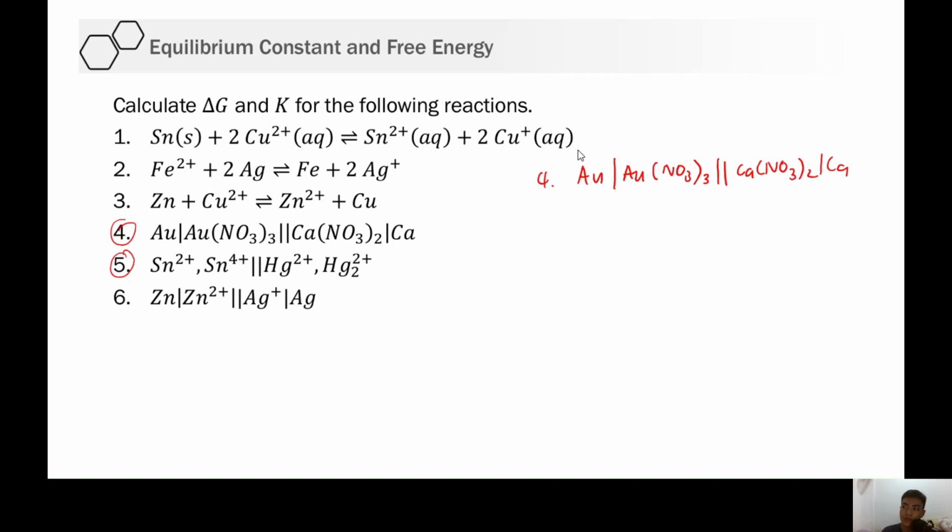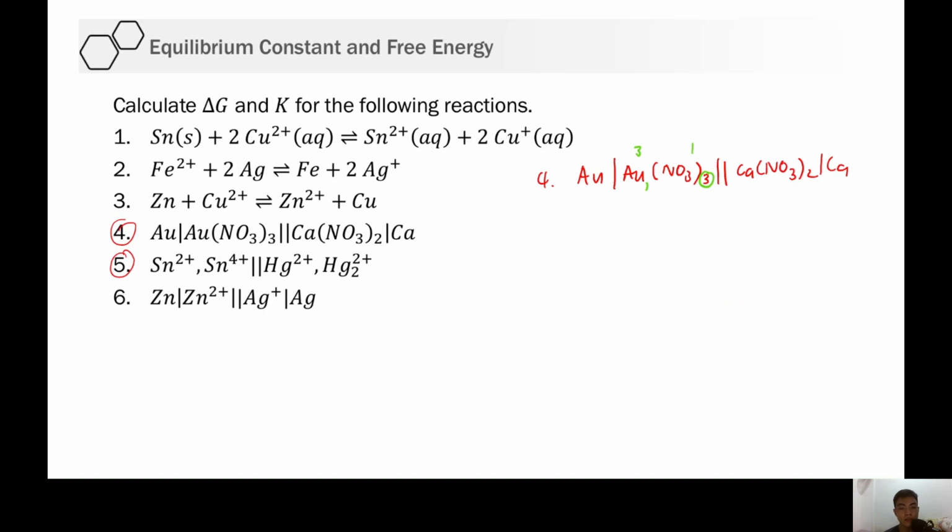Since gold is the reacting species on the anode, I should get the charge of the ion form of gold. I can do that by doing reverse crisscross. The 3 belongs here, the 1 belongs on the other side.